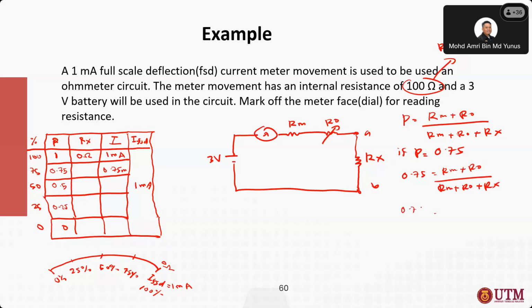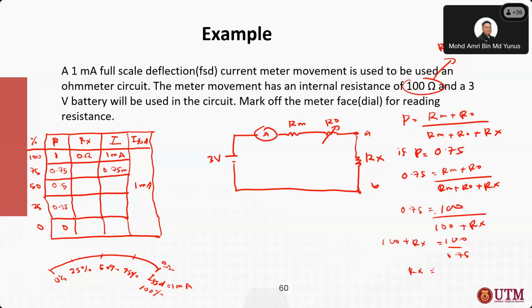That will be 0.75 equals 100 over 100 plus RX. So 100 plus RX will be 100 over 0.75.